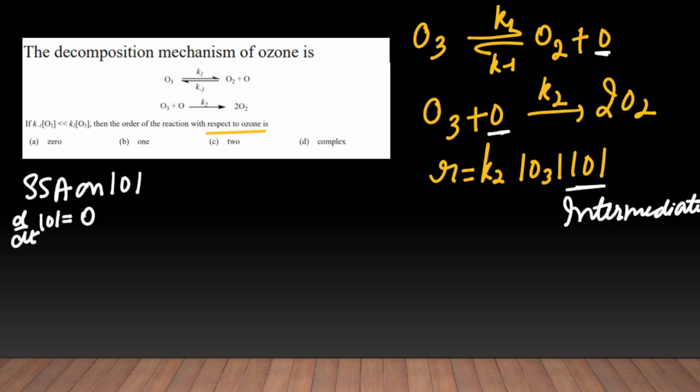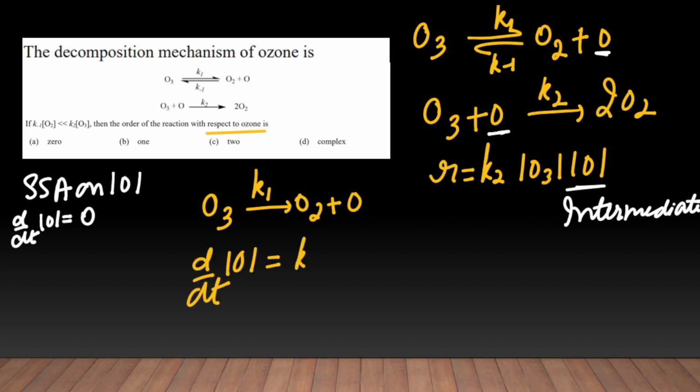So in the first reaction, O3 breaks, giving us O2 plus O. This is with the rate constant K1. So d by dt of O will be equal to K1 times O3. The other reaction is O2 plus O giving us O3.